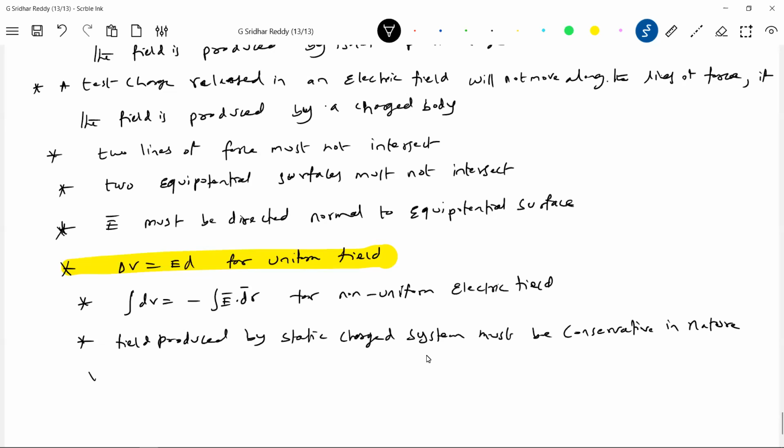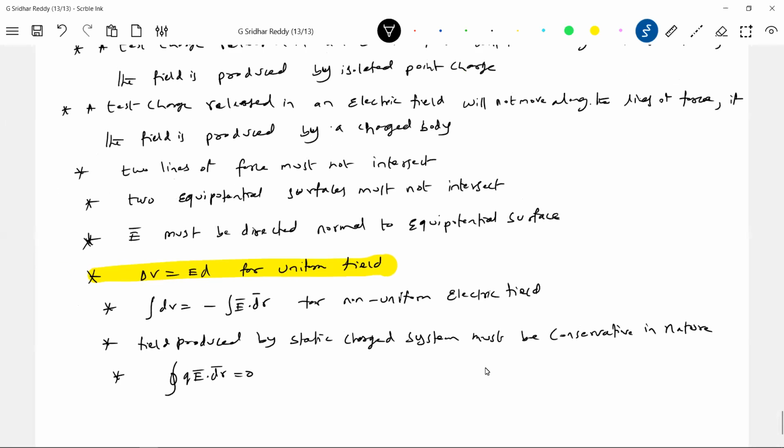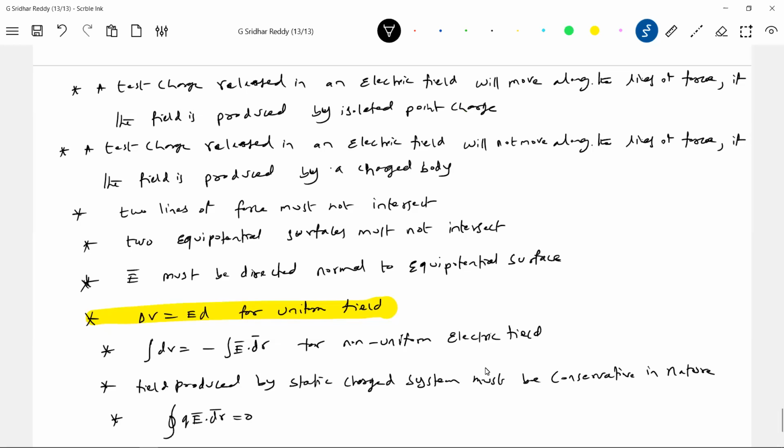That I'll write in mathematical form, because it is a conservative field. These are all very core basic fundamentals.